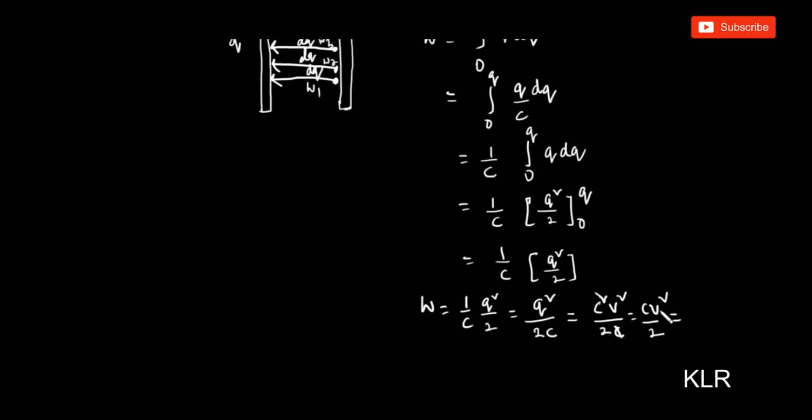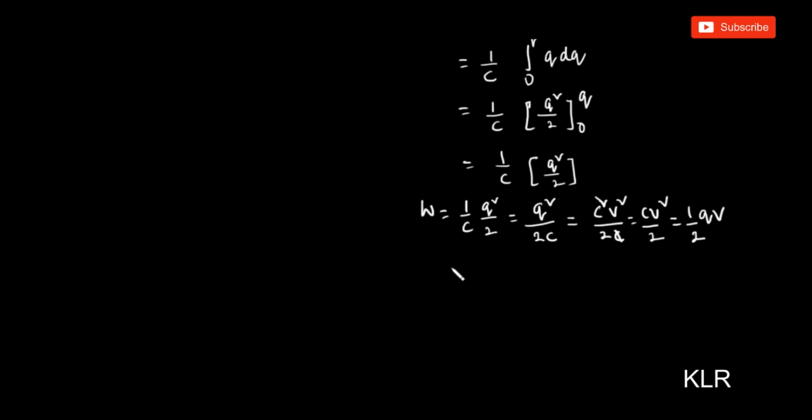cv is nothing but q, so half qv. cv is q into v, so half into qv we can write. So the work done is stored in the form of energy.